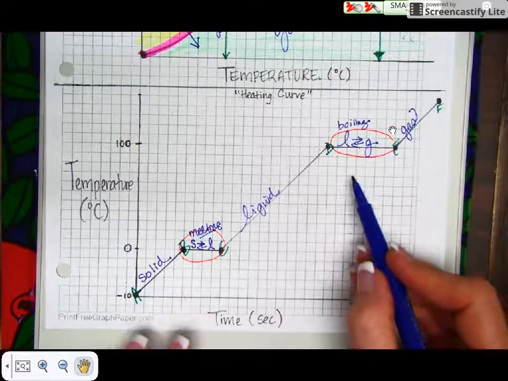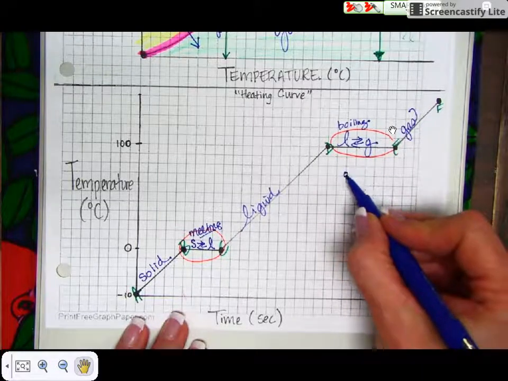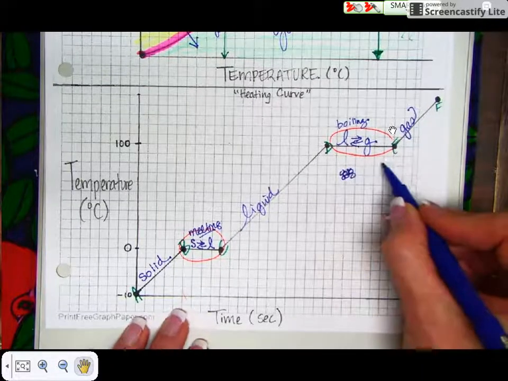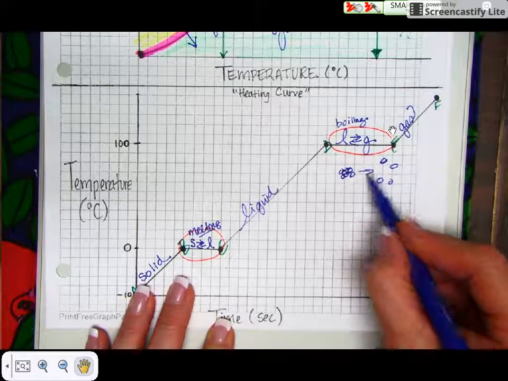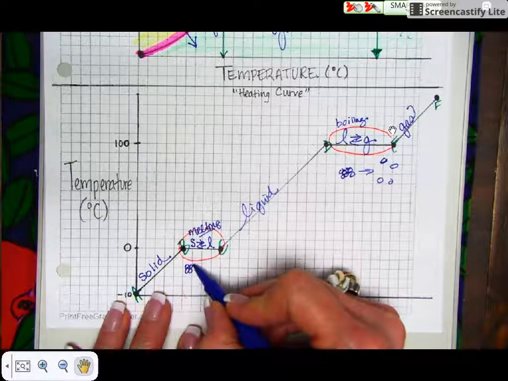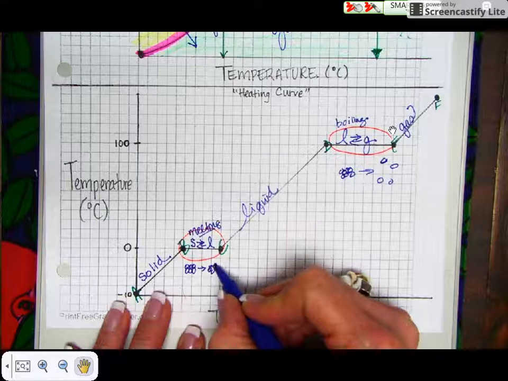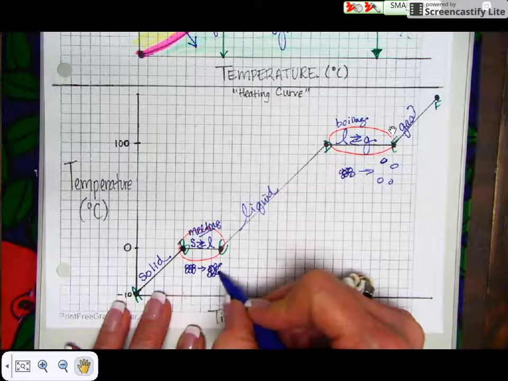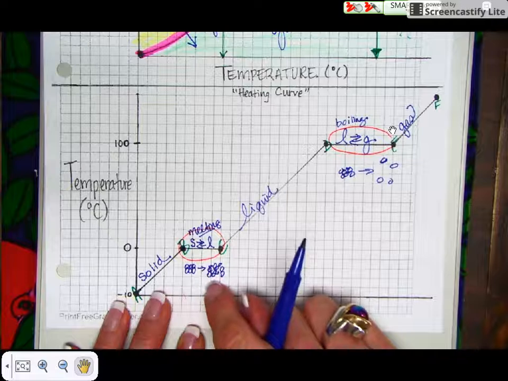It's because in order to go from a liquid to the gas, you've got to get your particles from touching to really, really far apart. So it's going to take longer to get them to spread apart. Whereas here, you go from a very rigid solid and you just have to get them to go to a liquid, but they're still touching. They're just not held in place. So you don't have to get the particles as far apart.